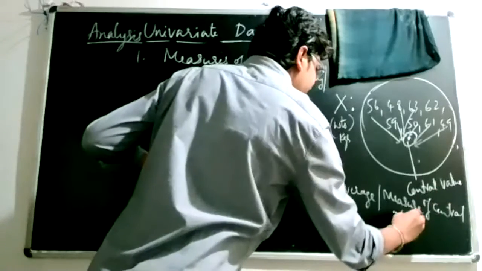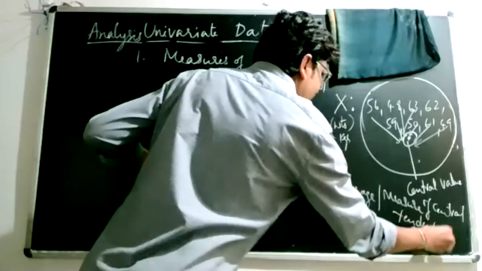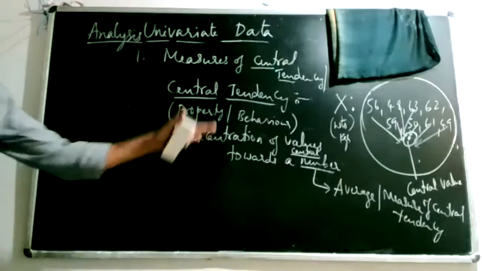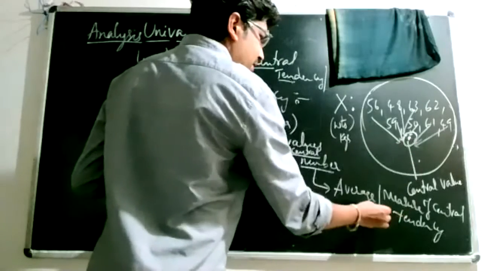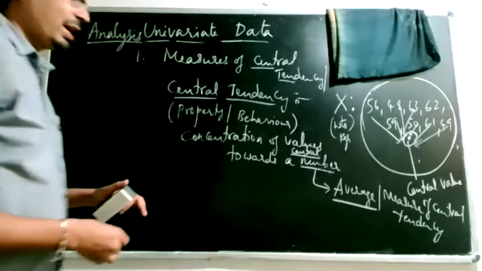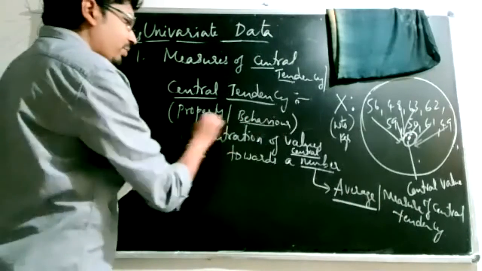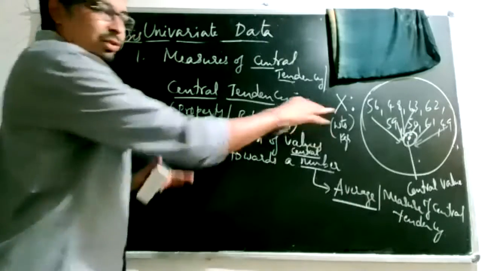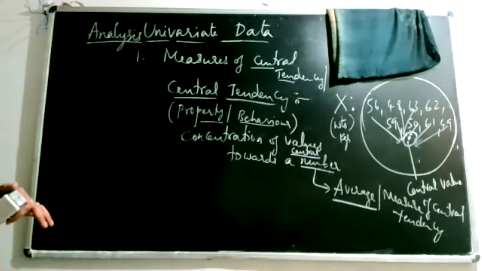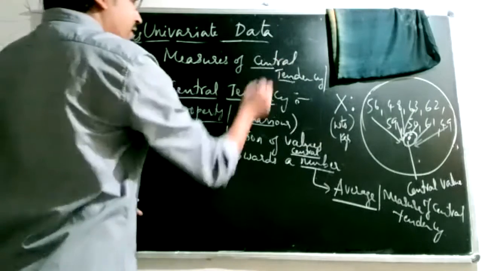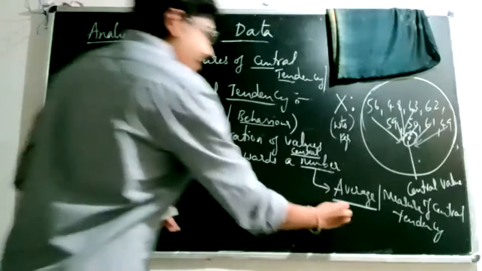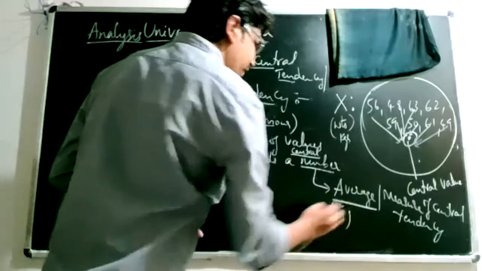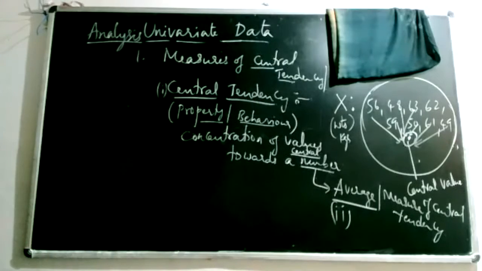So we are observing the behavior that most of the data points are close to that number. That number is called a measure of central tendency, or statisticians call it the average, and the property of observing the concentration of values towards a central number is called central tendency. So they'll ask for the definition of central tendency as well as the definition of average or measure of central tendency.